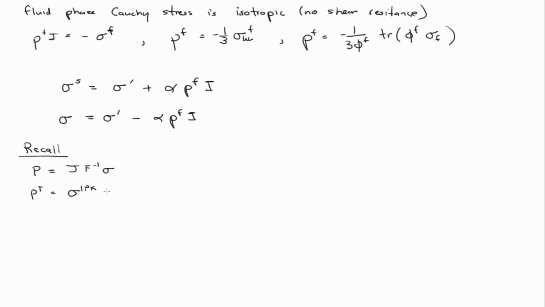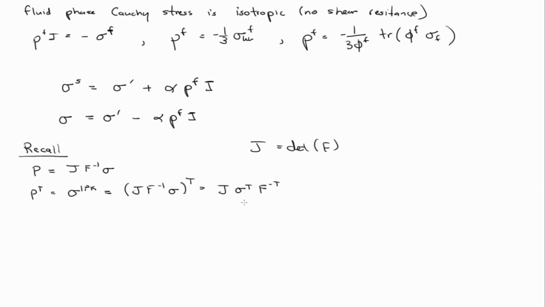And so then I have to transpose this relationship, so J F inverse sigma transpose is equal to J, and remember, J is just the determinant of F, so it's not a tensor. We pull it out when we take the transpose. And then we have sigma transpose times F inverse transpose.